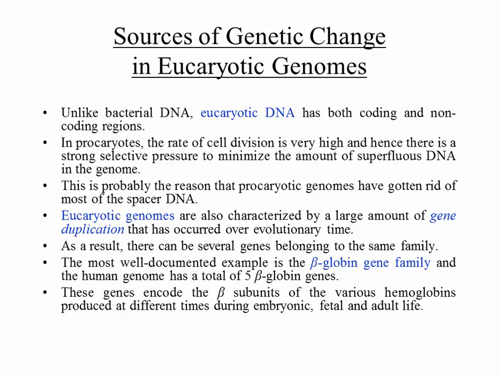The human genome has a total of 5 beta globin genes, and these genes encode the beta subunits of the various hemoglobins produced at different times during embryonic, fetal, and adult life. So hemoglobin is made of how many subunits?